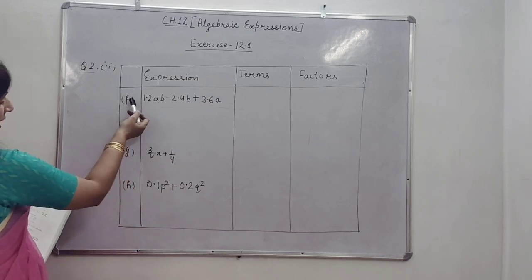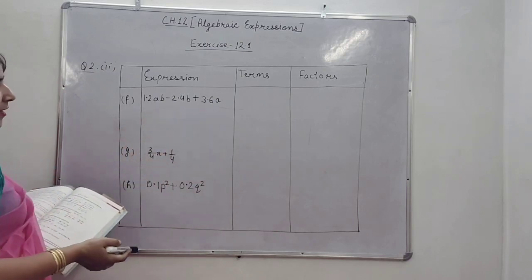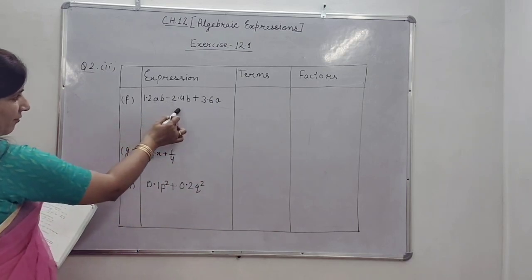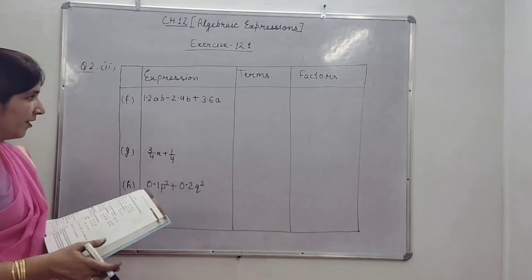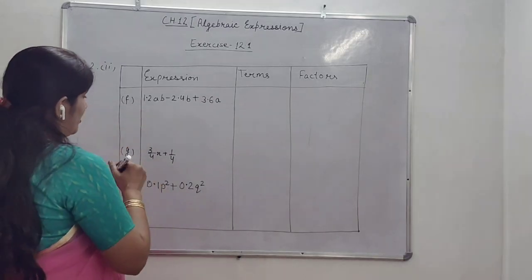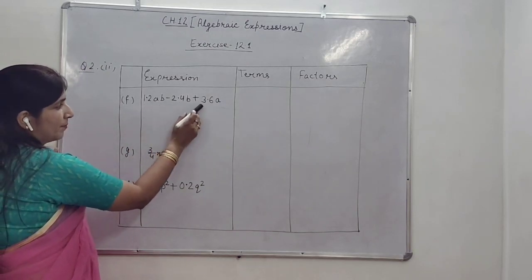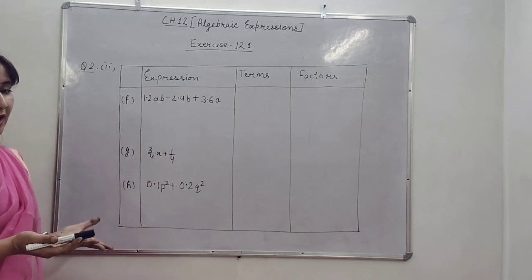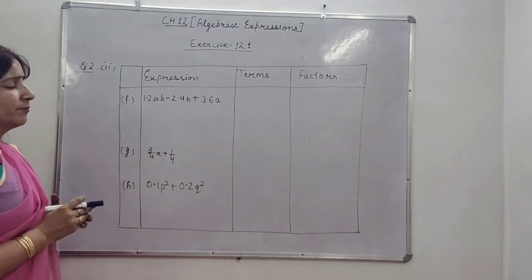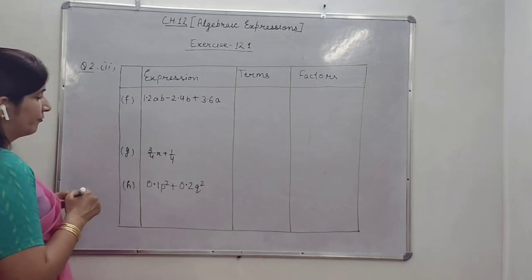You can start from part A and continue, make a long table, and then write all the things. The expression you can write here, and then the terms, and then the factors. Now, you can see this is the expression, which is 1.2 AB minus 2.4 B plus 3.6 A. If you have complete knowledge of terms and factors, as we have discussed in many questions, it is easy for you to write.